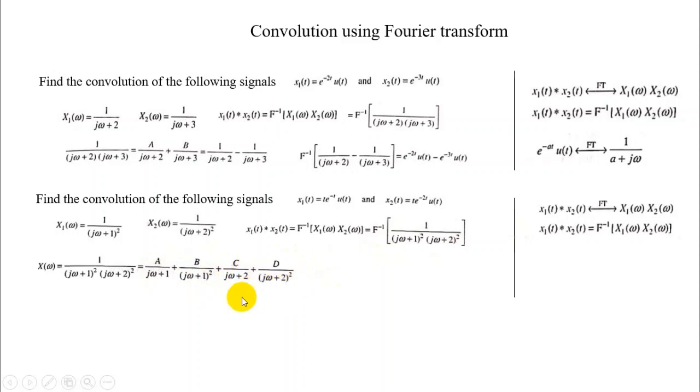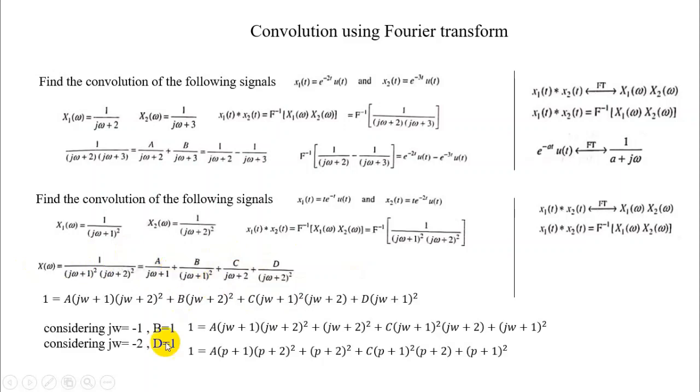I discussed this in the previous lecture, please check that. As I have said, you should multiply the denominator of the left side on both sides. After multiplying that you will get this.